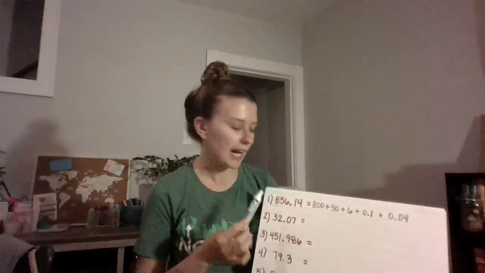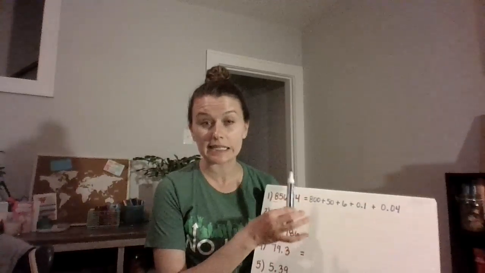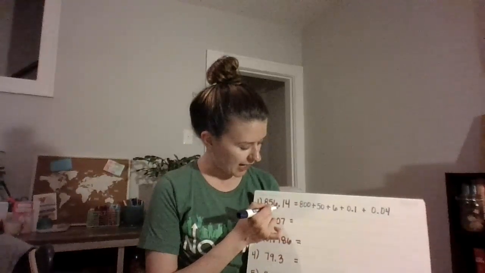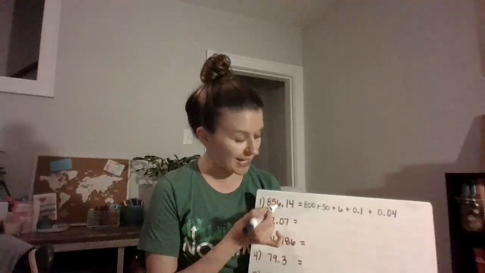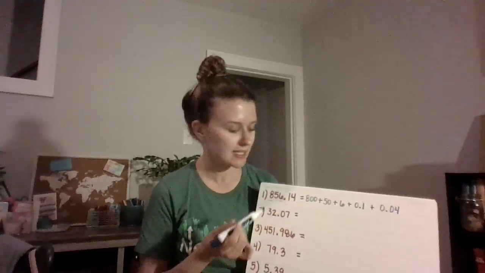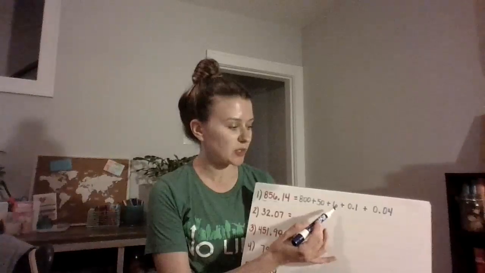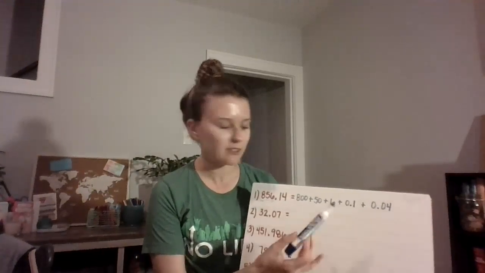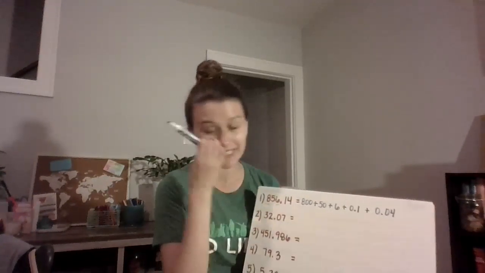So remember, as I'm moving to the right, the value of the place value in the digits is getting 10 times smaller. All right, so next I am in my ones place, and I have a 6 in my ones place. So that means I have 6 ones, which is just equal to 6. So then I write 6 here. So far we have 800 plus 50 plus 6.